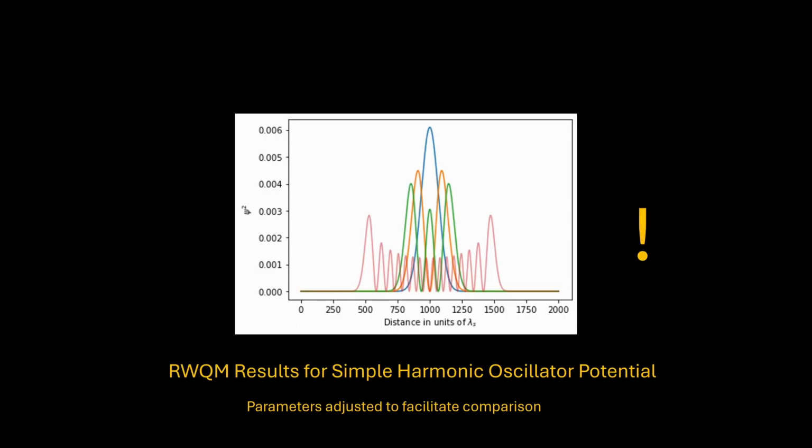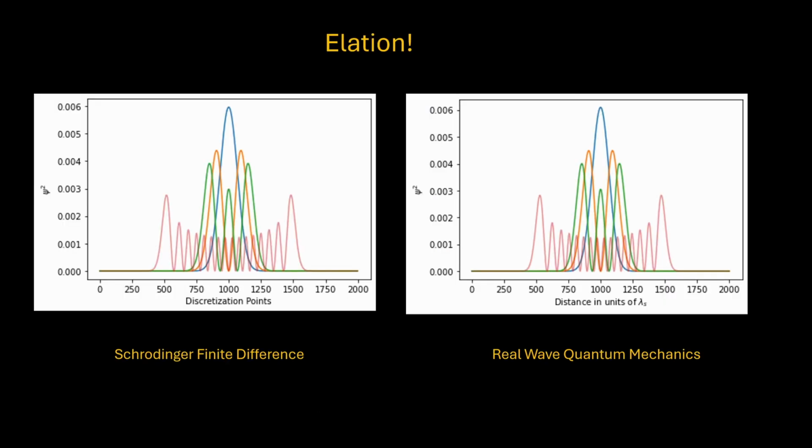And this is what I got. I can hardly explain the sense of elation which I felt when I first got these results. My initial concern was that I had rerun the Schrodinger equation program by mistake. Now, admittedly, the comparison was not this exact for my first runs.